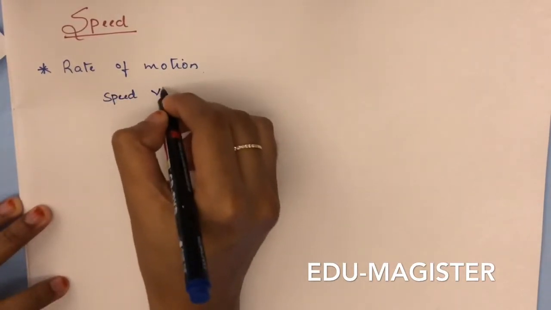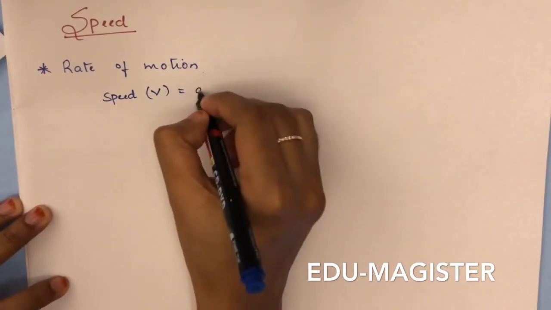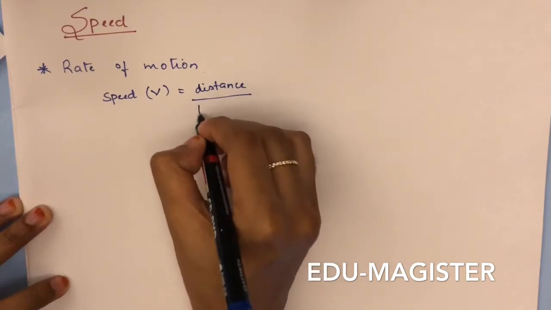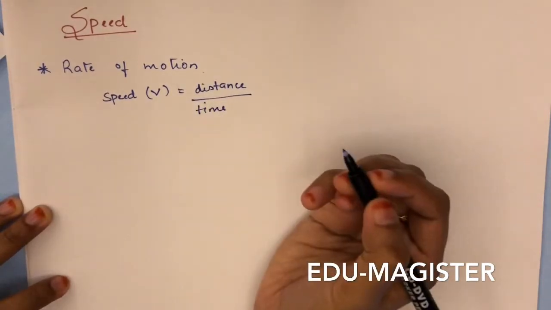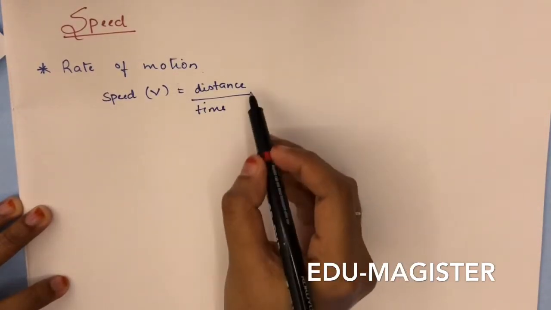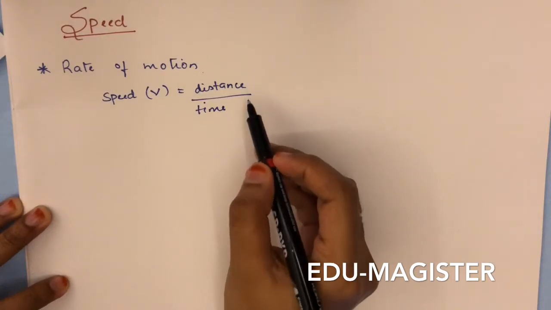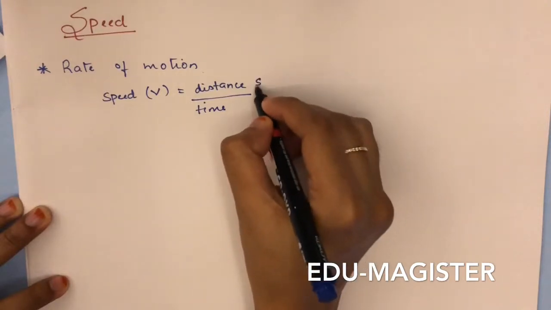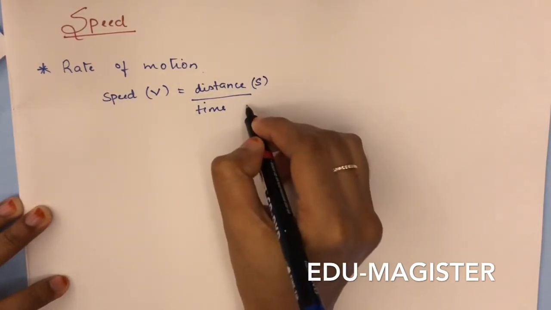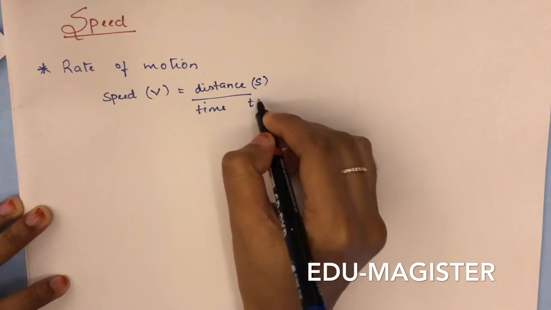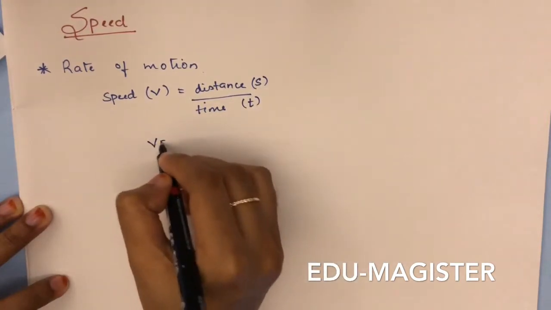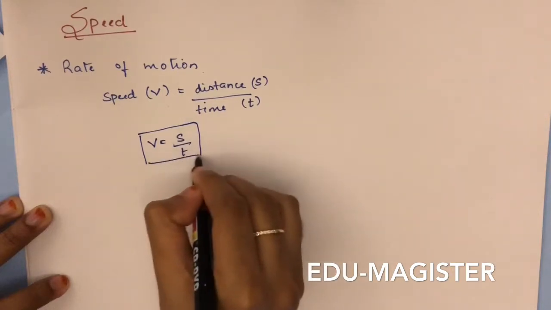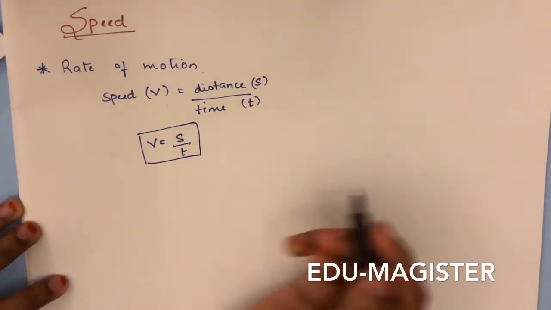Speed, which is denoted by V, is equal to distance covered by time. That is, it is the distance covered by an object in that particular time period. Here distance is denoted by S, whereas time is denoted by T. V is equal to S by T gives the formula for speed.